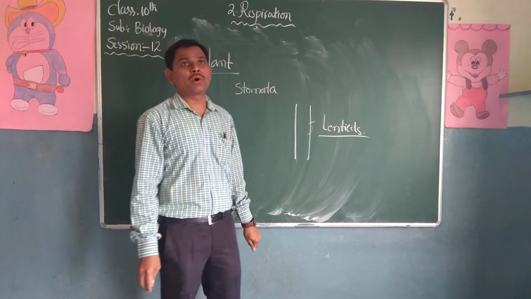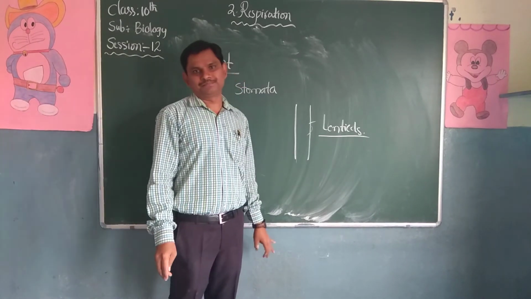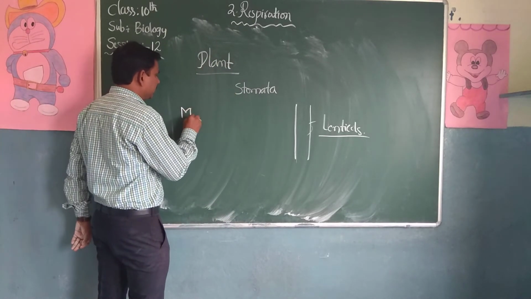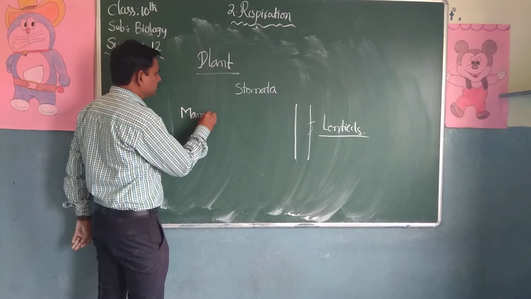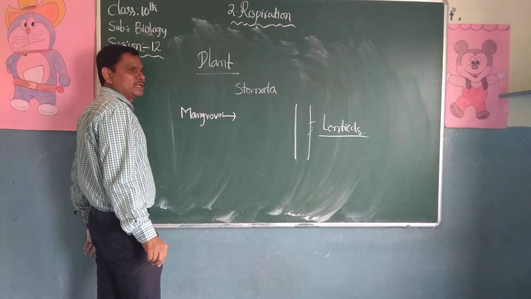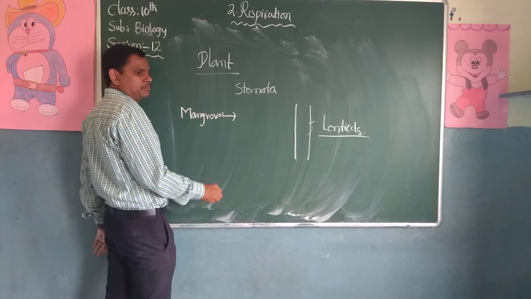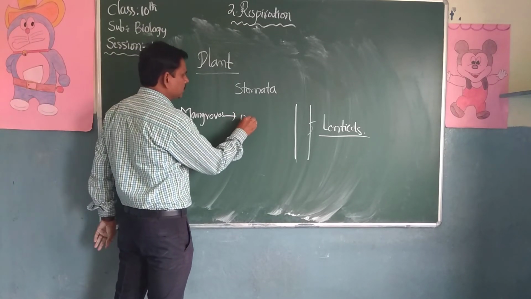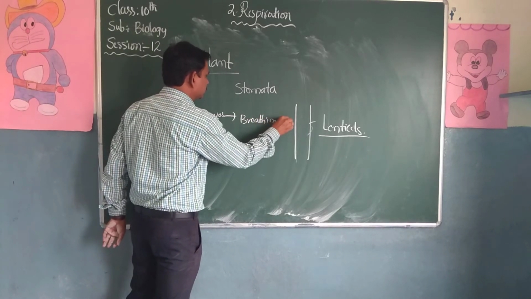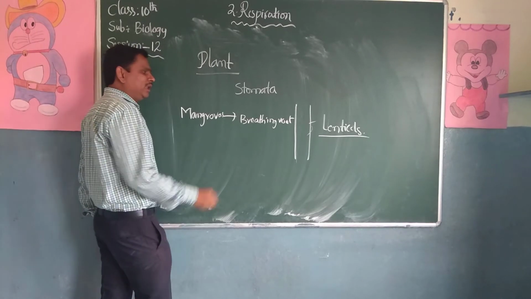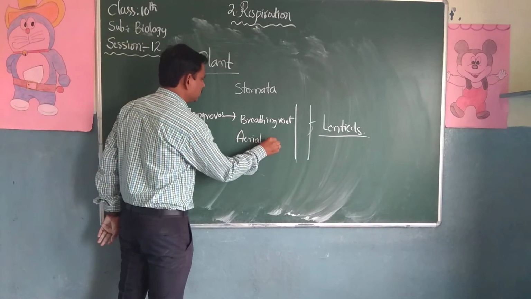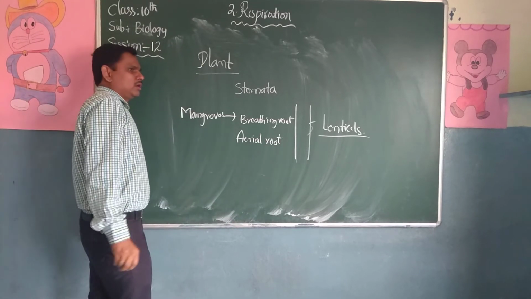Some plants grow in muddy areas, such as mangroves. In 9th class you also heard about mangroves. These mangroves have special roots, breathing roots, or we can call them aerial roots.